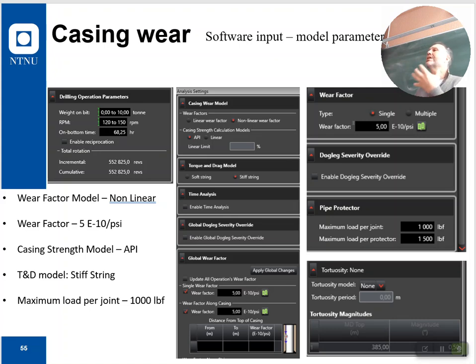So it will give you a little bit more accurate normal forces. Now, I have the problem that I don't trust any of these stiff string models. They are behaving weird, I think. But it could be just me not analyzing it enough. But again, always be critical to what you see in a software model until you know exactly what it does.